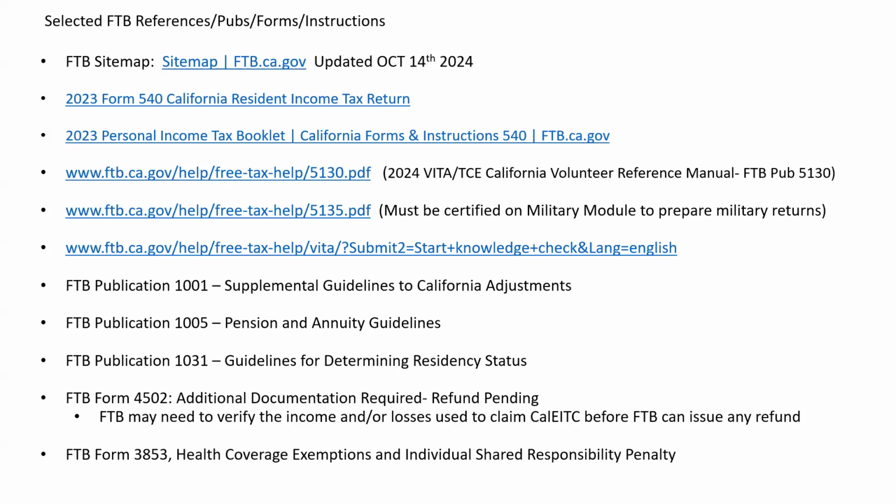And when you see the California adjustments, what that means is, again, the cat and dog analogy, California has their own tax law. It's called the Revenue and Taxation Code. And there's certain things that California will not tax, and sometimes California will tax. For example, the federal government is going to tax what is called unemployment compensation. And they're going to tax all of it for tax year 2024. The State of California does not tax unemployment compensation.